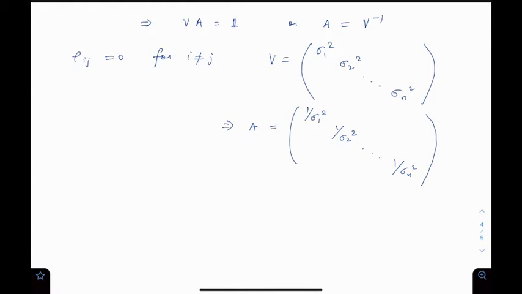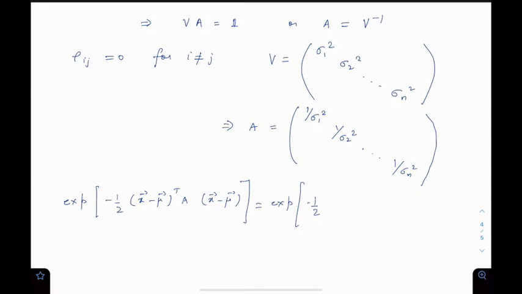And then we can write exponential of minus half, minus mu transpose times A times x minus mu, is nothing but the exponential of minus half times x1 minus mu1 square by sigma 1 square plus x2 minus mu2 square by sigma 2 square, and so on.